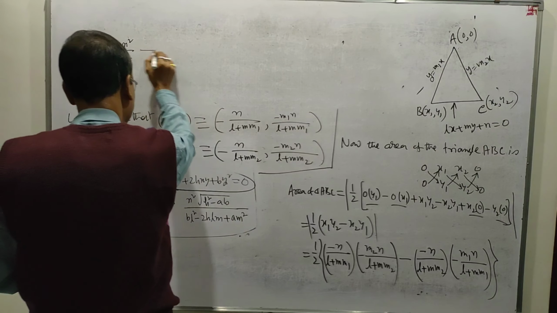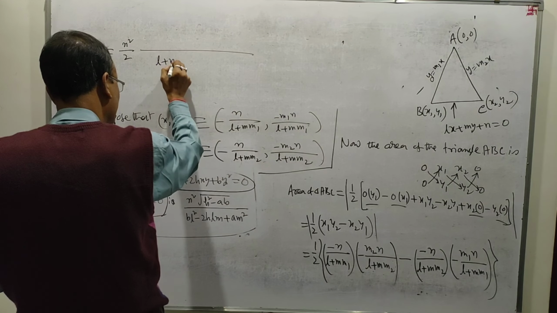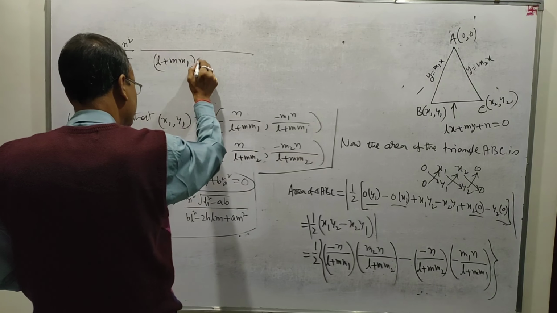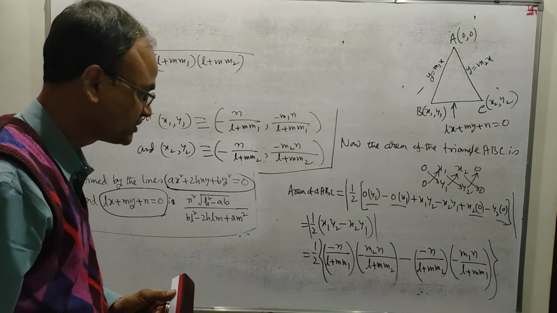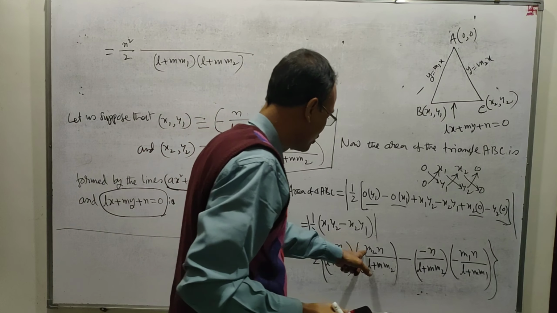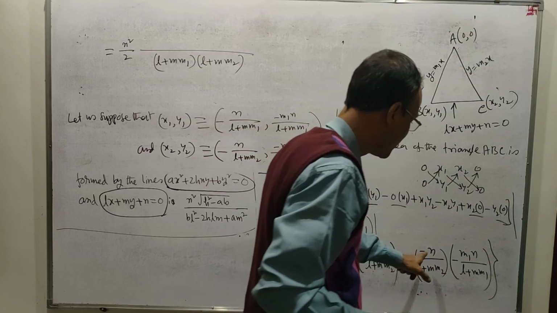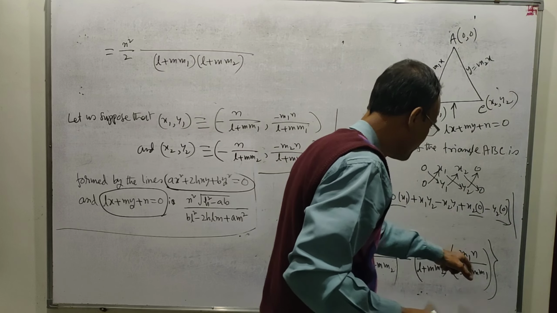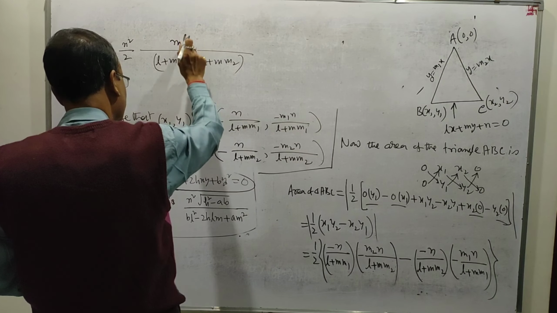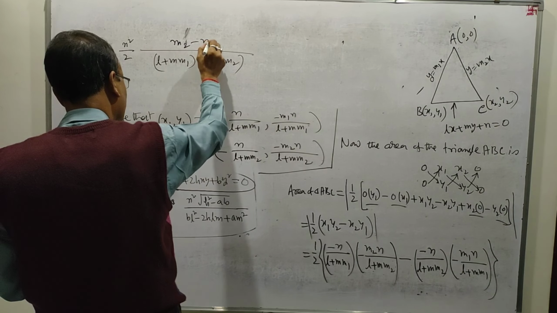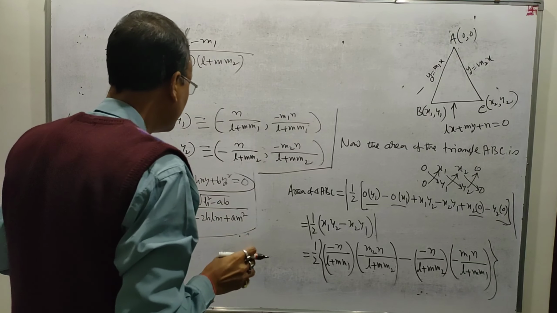And in the denominator, you may write (L plus m m1)(L plus m m2). And in the numerator it will be m2 minus m1.